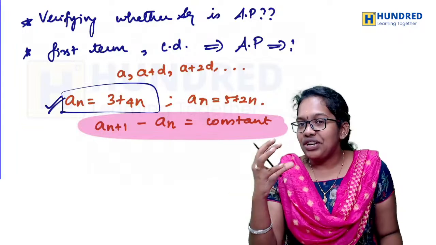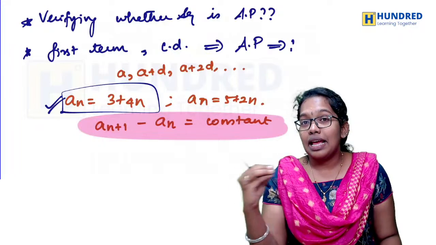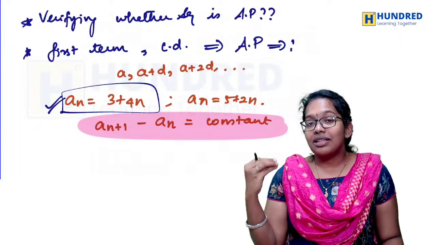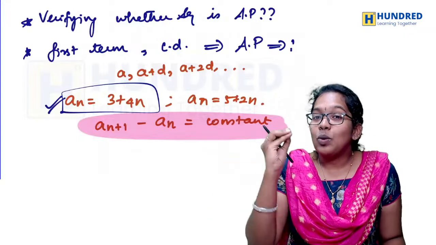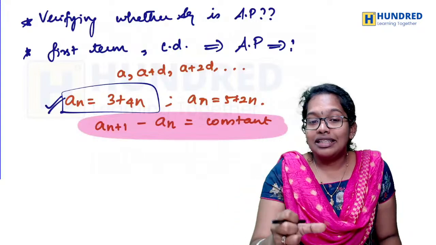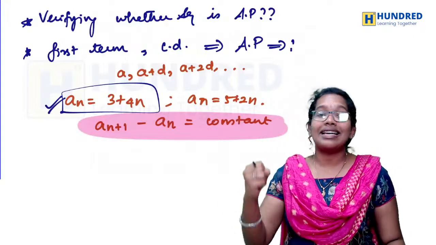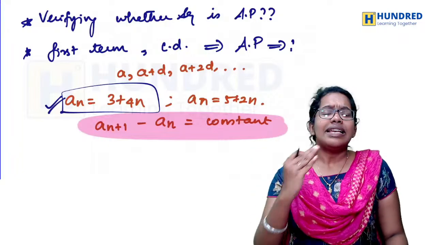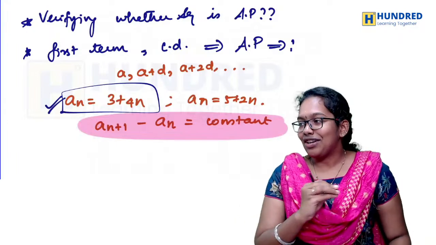Yes, இந்த மாதிரி general term கொடுத்துட்டு they would have asked you to find the sequence or write the AP, and then they would have asked you whether the given thing is an AP or not. Or they would have given a word problem and you have to extract a sequence. அந்த sequence எடுத்ததுக்கு அப்புறமா the given thing is an AP இல்லையான்றதைய ஃபைண்ட் பண்ணலாம். Yes, so these are the questions you would have encountered.